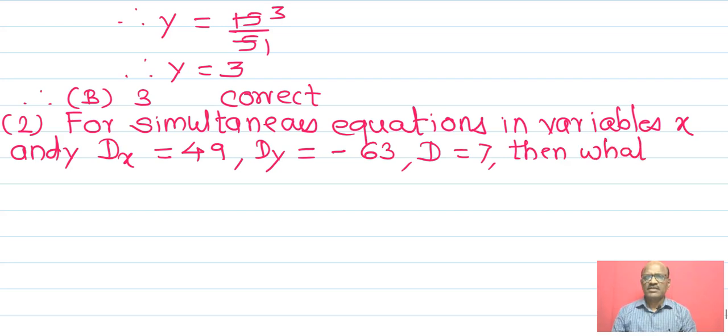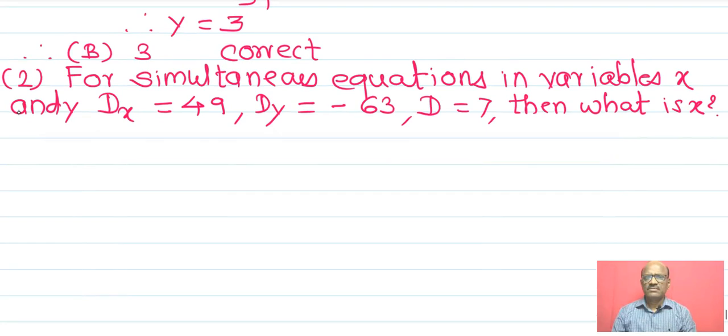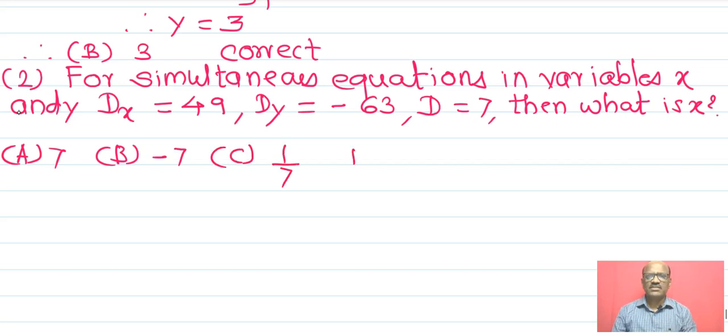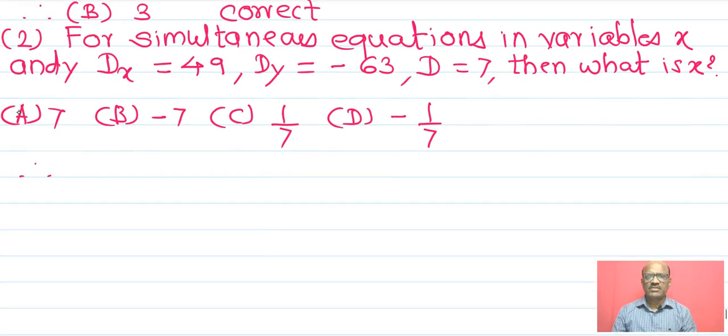Then what is x? A is 7, b is -7, c is 1 upon 7, and d is -1 upon 7.